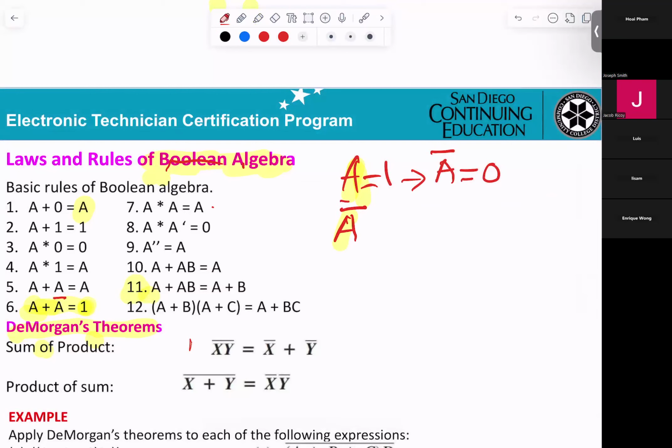Not, you take one not out. One not. Okay. And now you get another not. That means they take it out. Go back to A. Okay. A or AB is A.